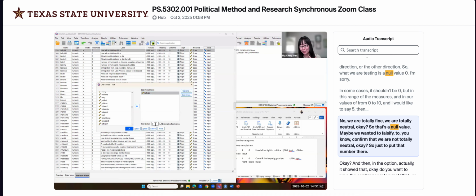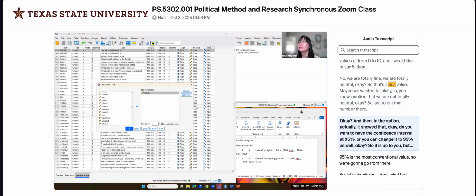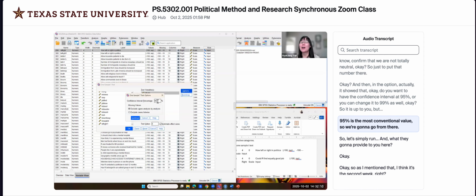That's the null value. Maybe we want to falsify it to confirm that we are not totally neutral, so just put that number there. And in the options, it asks whether you want the confidence interval at 95%, or you can change it to 99% as well. It is up to you, but 95% is the most conventional value, so we're going to go from there.